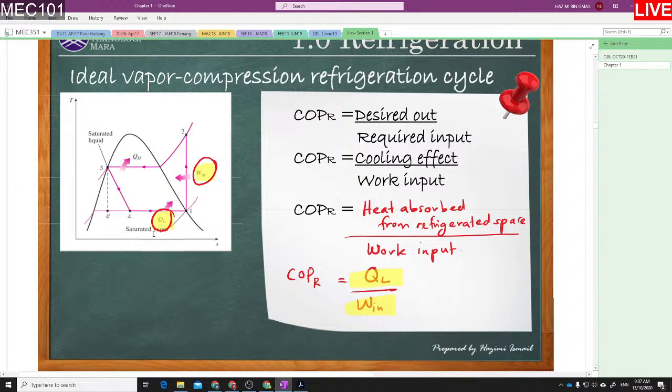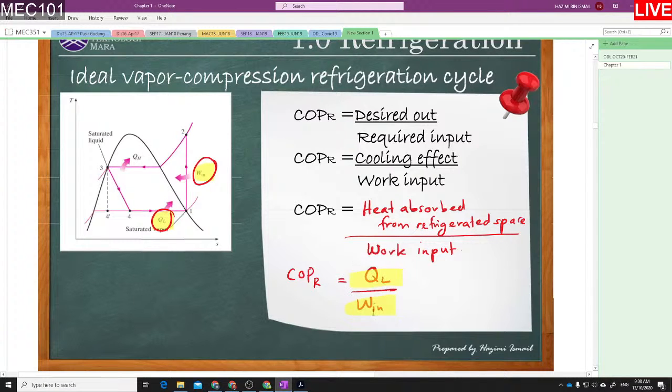So output dia adalah nilai QL. Berapa banyak yang kita absorb dekat bawah ni, QL. Okay, apa input kita? Input kita TNB, bill TNB, elektrik awak tu. Elektrik tu bagi dekat compressor. So, input energy required for the compressor to run, that is what the input. So, QL bagi dengan work in.